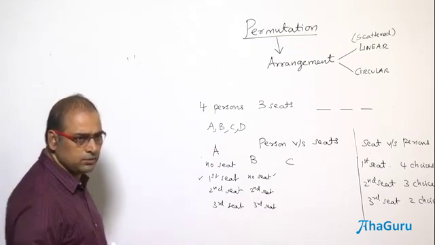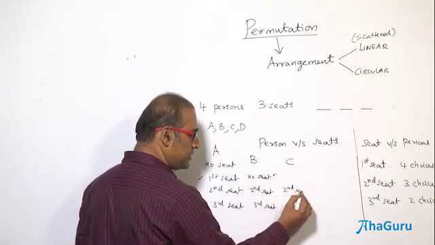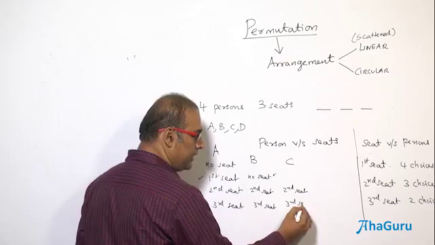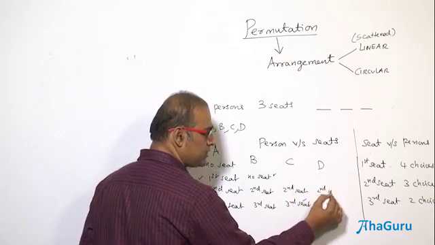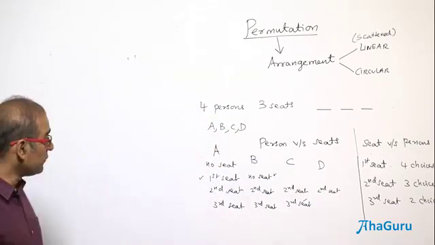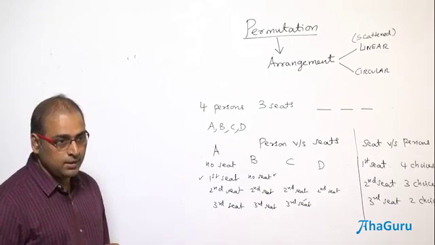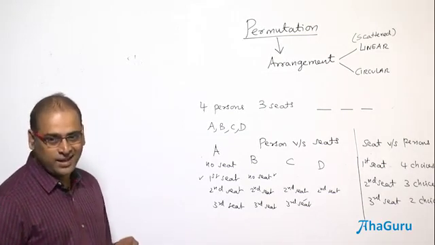It's not an issue. So what you have said is fine. This is going to be the second seat or third seat this fellow is going to take, and then D. So suppose this one is going to take the second seat. So still you get 4 into 3 into 2. That's because 4 minus 3 is 1. You know what I said? 4 minus 3 is 1.